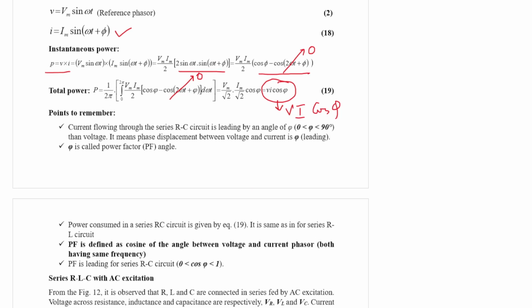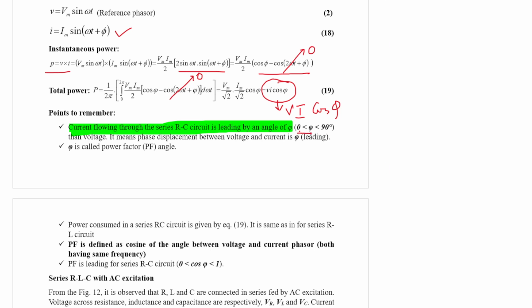So now the salient points of the series RC circuit: current flowing through the series RC circuit is leading by an angle phi. In case of a series RL circuit, it was lagging, but in case of a series RC circuit, it is leading by an angle of phi. The range of phi is the same.